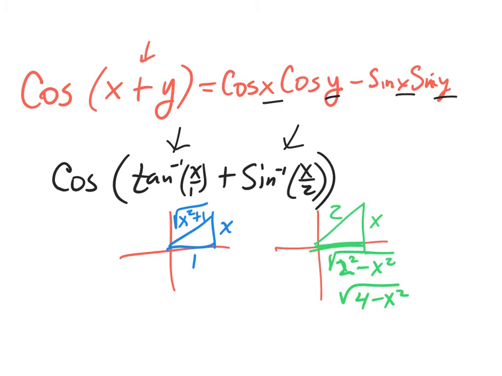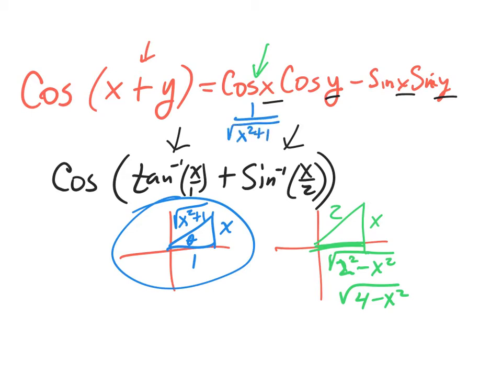And I'm going to now try to find cosine of x. X is going to be our first angle, which is this guy over here. Okay. So cosine of this angle right here, cosine is adjacent over hypotenuse. So 1 over square root of x squared plus 1.